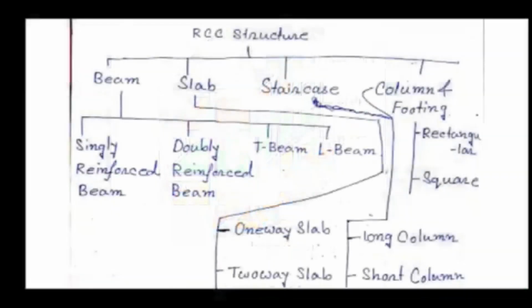The parts, whatever is written in this tree, we can see everywhere, in our house, in our office, college, school, everywhere. The main parts we have to learn in the subject are beam, slab, staircase, column and footing. Their subdivision depends upon the design.